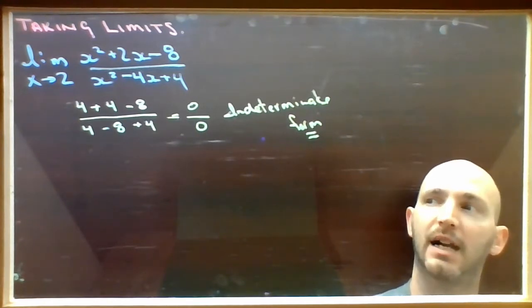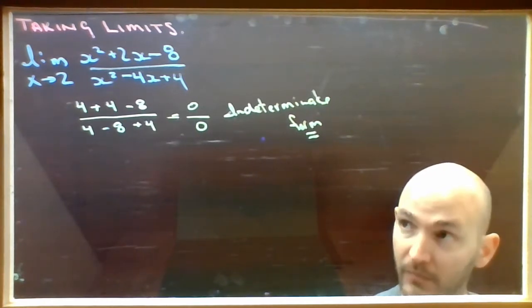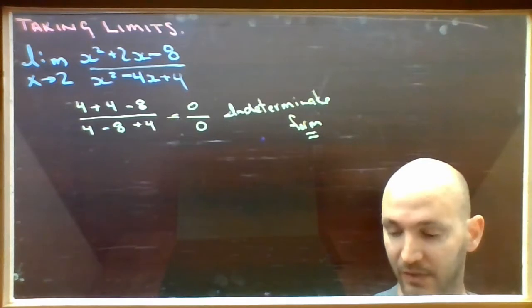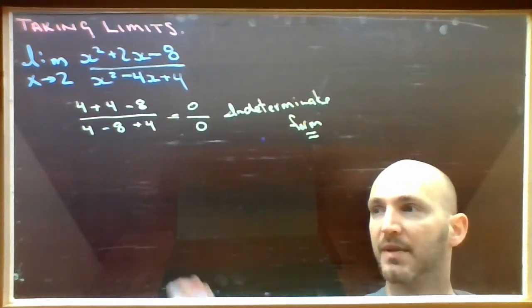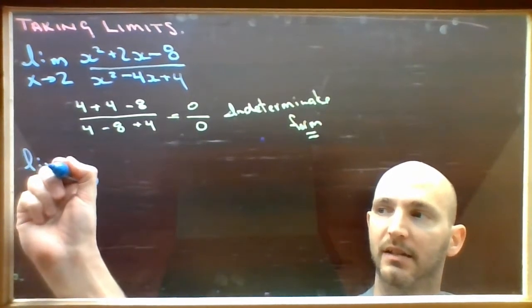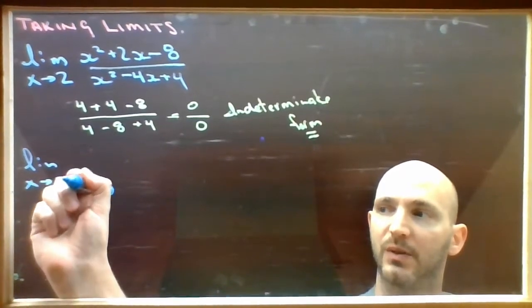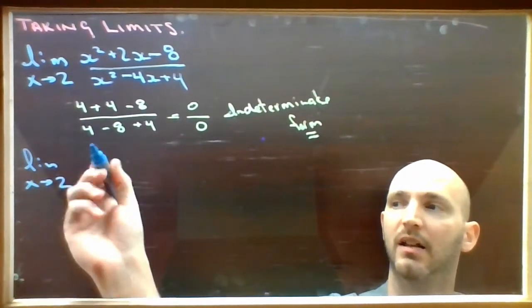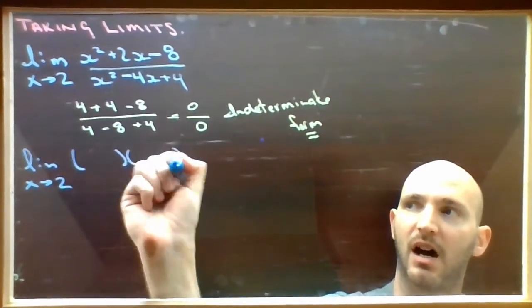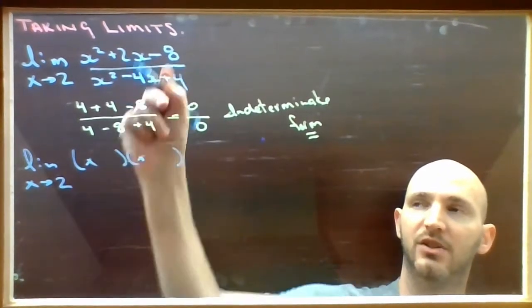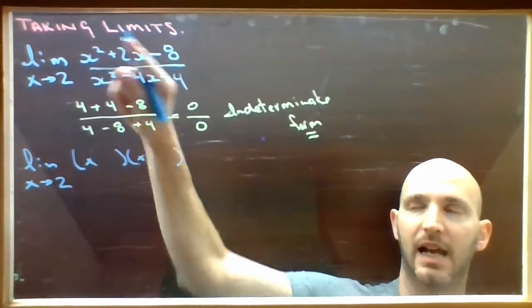So I'm going to look at that one up there, and I'm going to see if I can factor it. So I'm still trying to take the limit as x goes to 2. If I split the top, I need two numbers that multiply to 8 and add to 2.